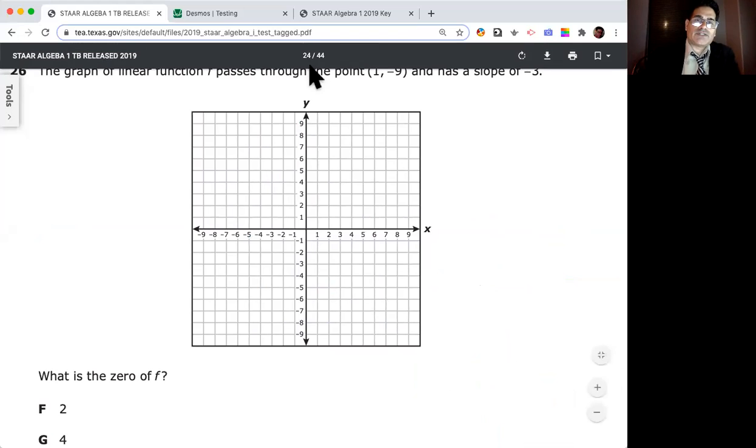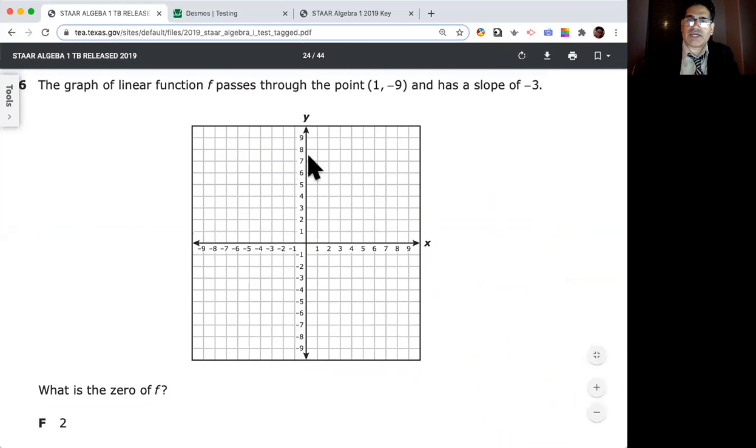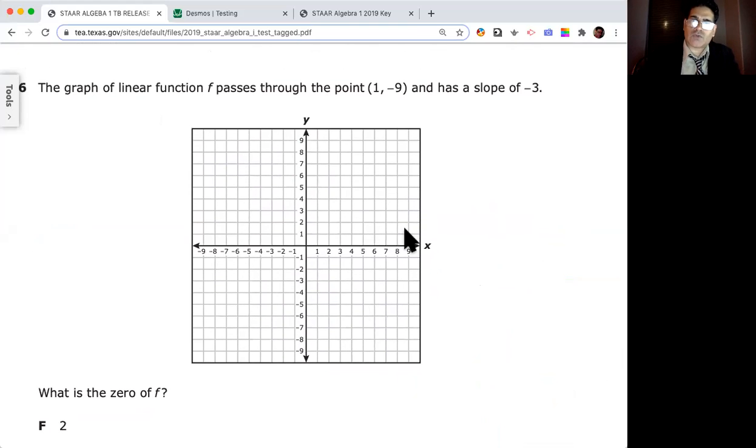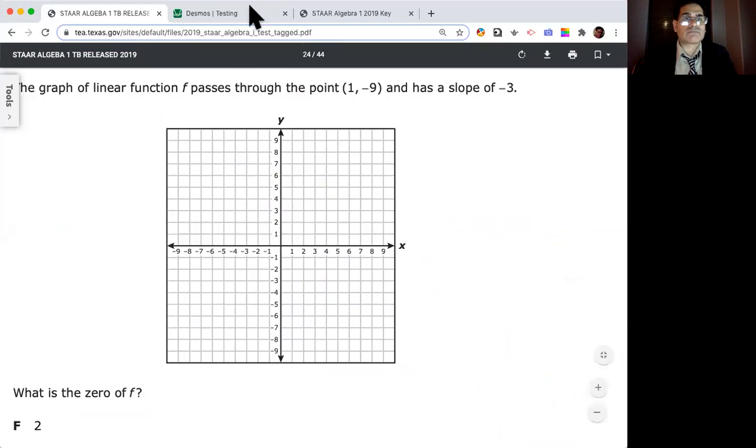The graph of the linear function f passes through the point (1, -9) with a slope of -3. What's the zero of f? So go ahead and plot your points.